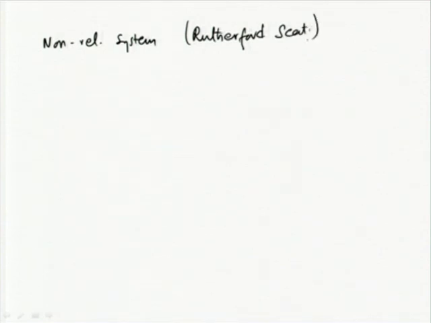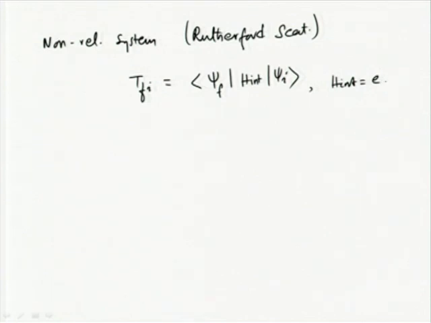What we had considered in the previous 1 or 2 lectures is the transition amplitude from an initial state to a final state, which is essentially equal to psi f, H interaction, psi I, where psi I and psi f are the initial and final wave functions of the electron or whichever particle is being affected by the interaction Hamiltonian given by H I. In particular, if an electron is scattered off a proton or any other nucleus, then in the non-relativistic picture we can consider H interaction as the electrostatic potential experienced by the electron, which is basically E phi x or minus E phi x, depending on how you take that phi.